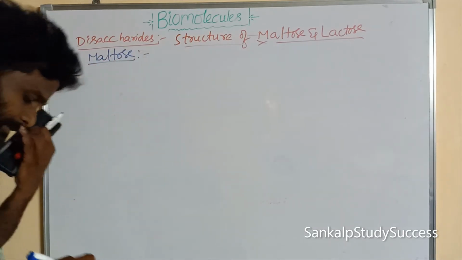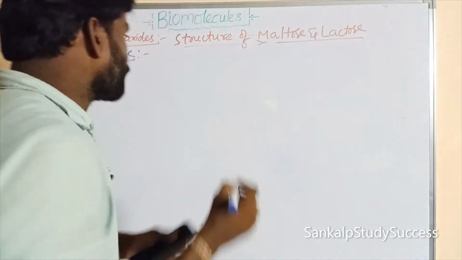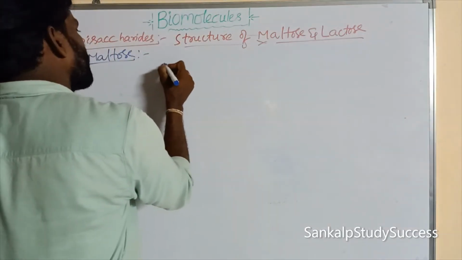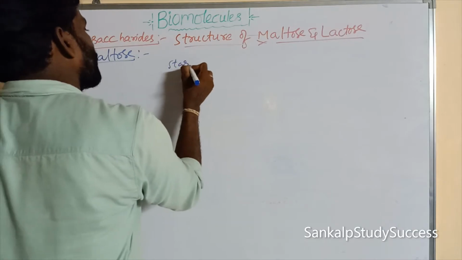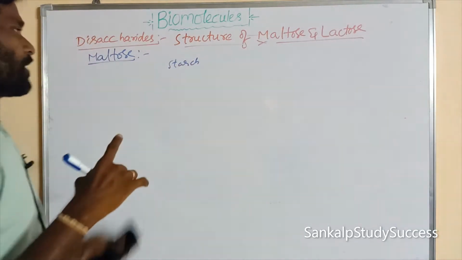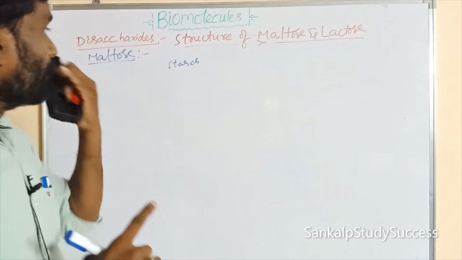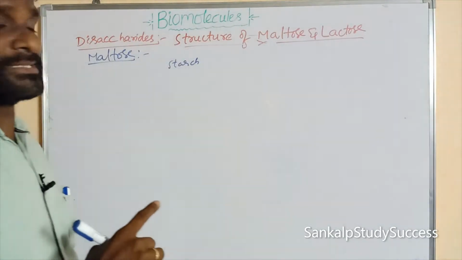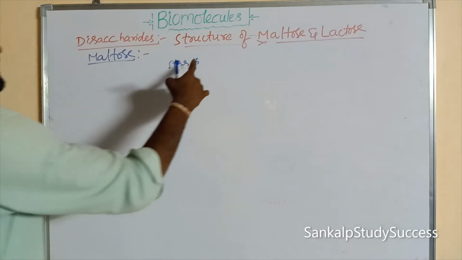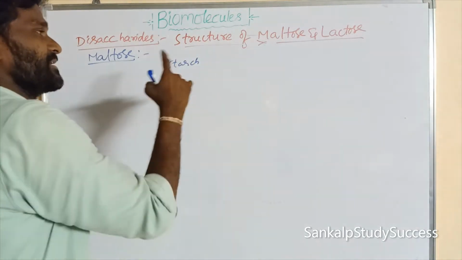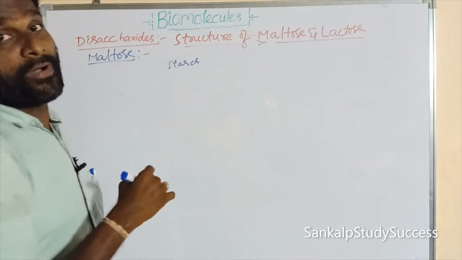Maltose is obtained from starch by a hydrolysis process carried out in the presence of diastase enzyme, which is produced from malt.